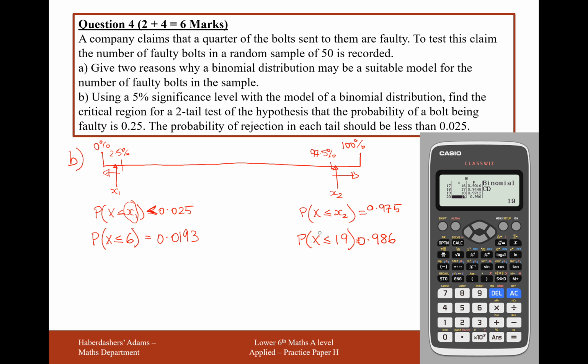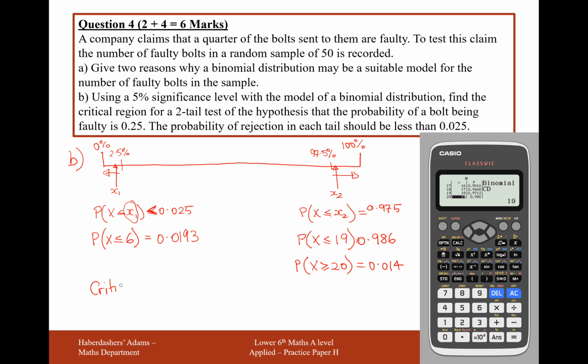You're probably going to get a number of bolts that is less than or equal to 19 that are going to fail. So that means on the other end of that spectrum, the probability of 20 or more bolts failing is really low. That's 0.014. So 1.4% chance that 20 or more bolts are going to be faulty out of this model here.